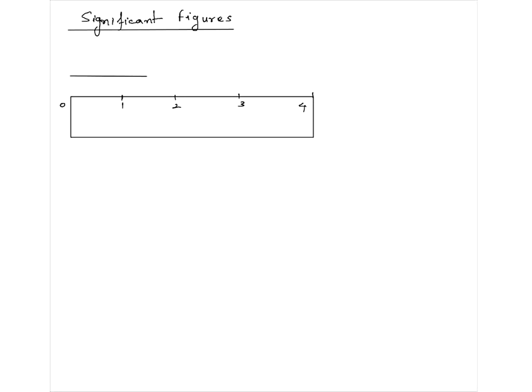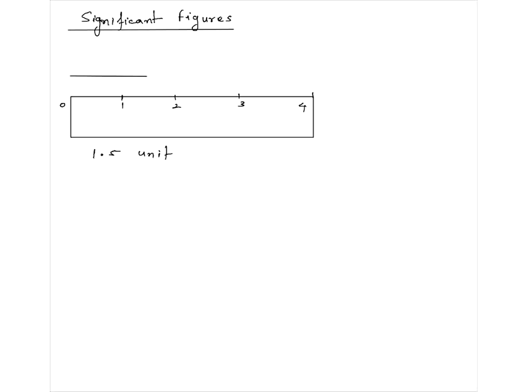Now you are dead sure that this thing has a length more than 1 and less than 2. But between 1 and 2, you're not sure. So you make a guess. You think it is somewhere in the middle, so it's 1.5, whatever unit. Your reading is 1.5.